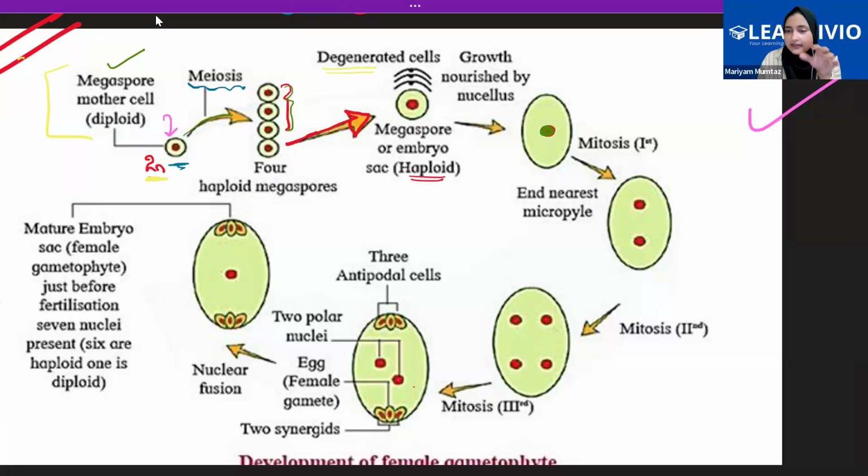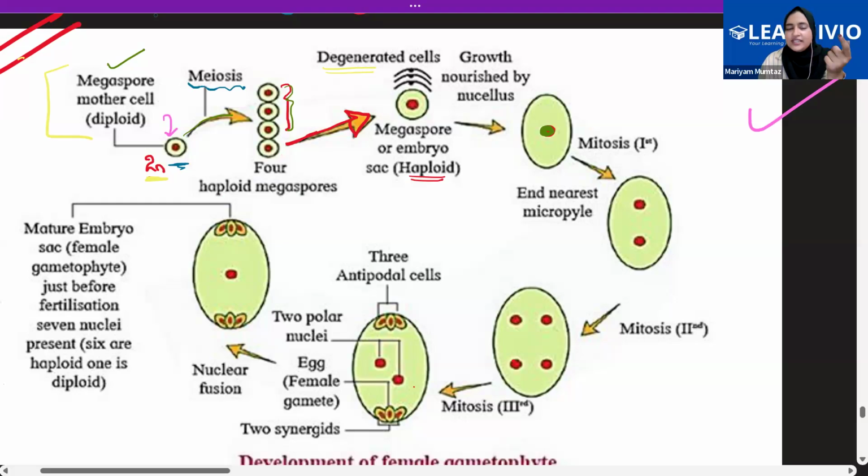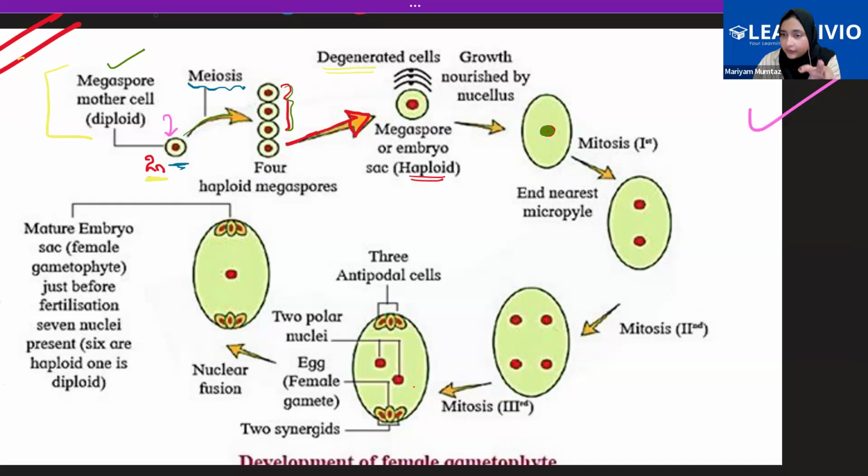Clear? This much is clear? Then out of these four megaspores, three of them are useless. They are going to degenerate, and there is only one functional megaspore. Now you don't have to reduce the number of chromosomes. You already have a haploid set.